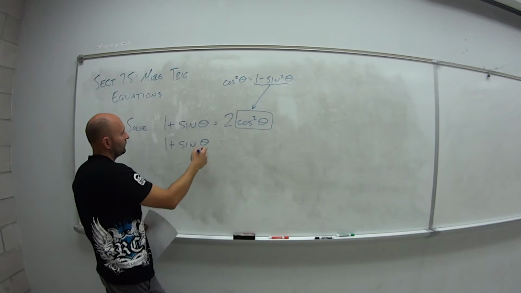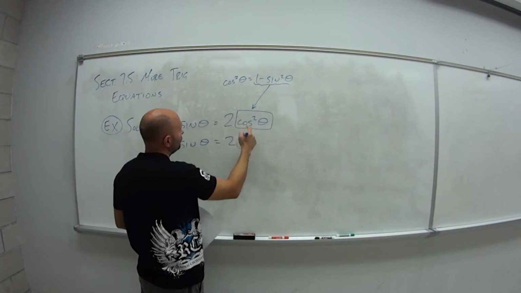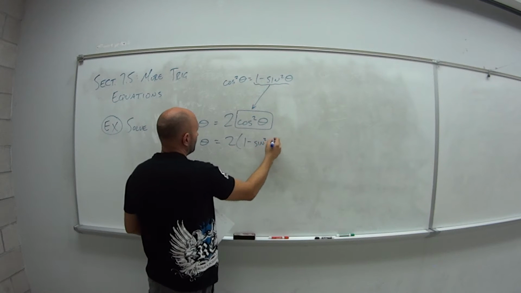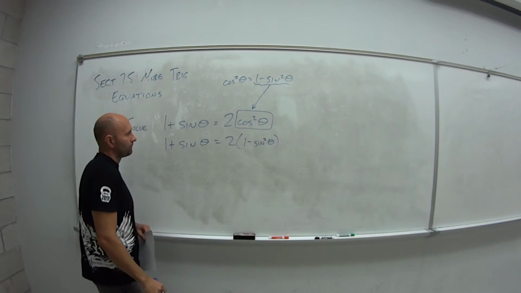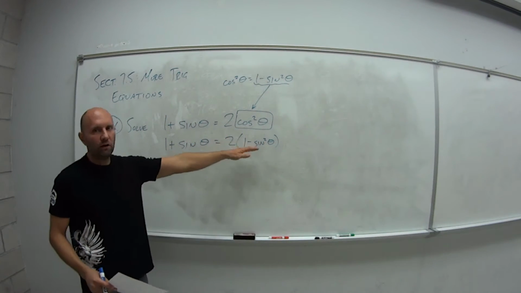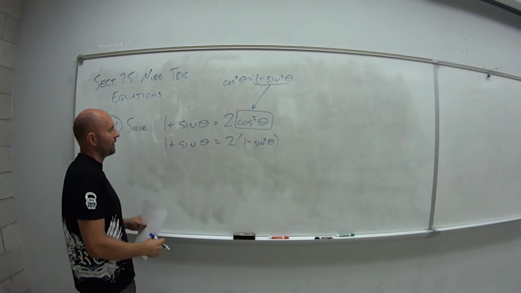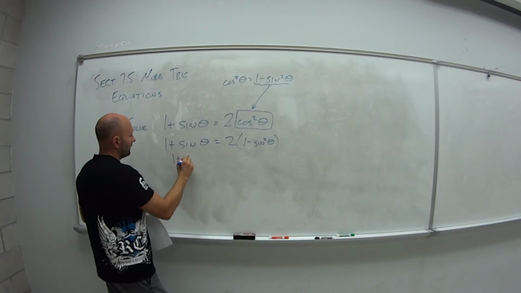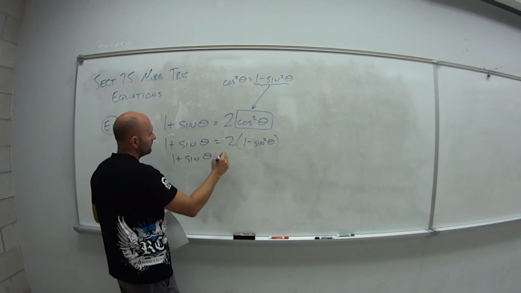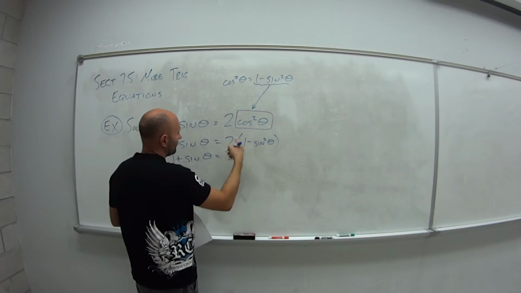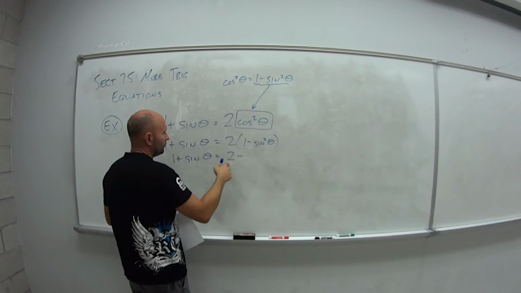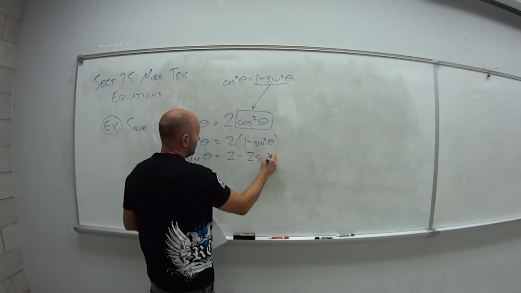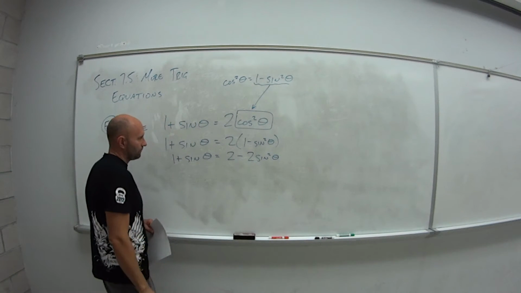So we get 1 plus sine of theta is 2 times 1 minus sine squared of theta. Now we just need to distribute, and move everything to one side so that we can factor and use the zero property rule. We get 1 plus sine of theta is 2 times 1 is 2, and 2 times negative sine squared of theta is minus 2 sine squared of theta.